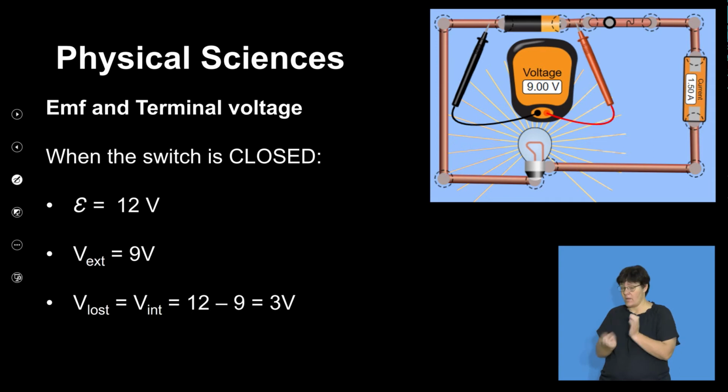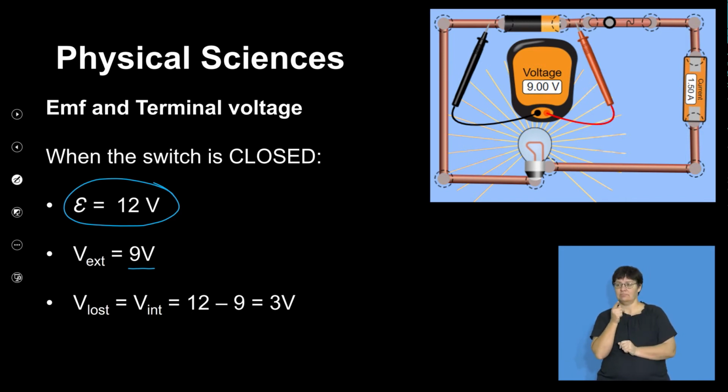Okay, and then in a closed circuit, what happened? We know that our EMF, which is our maximum, in this case was 12 volts. But when we close the switch, as shown in the circuit alongside, we obtained a V external of 9 volts. If we close the switch and measure the voltage across the battery, this gives us the external voltage, which is equal to 9 volts.